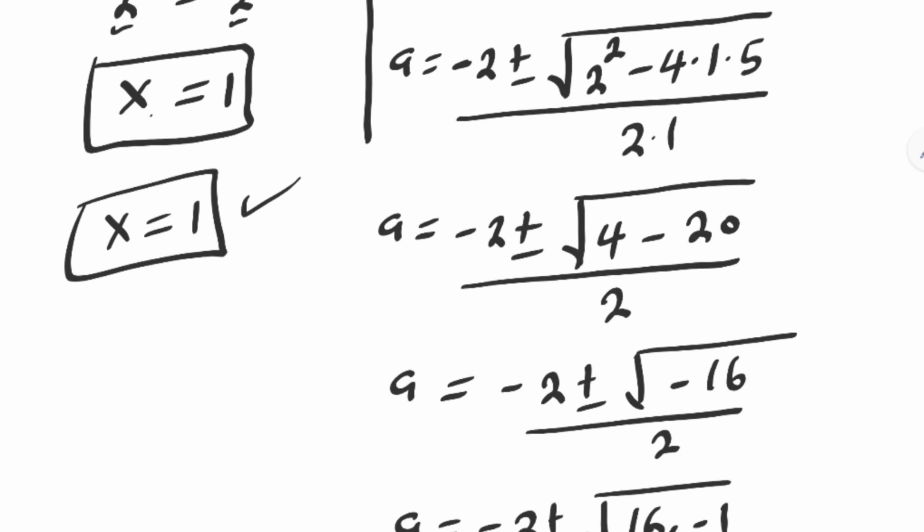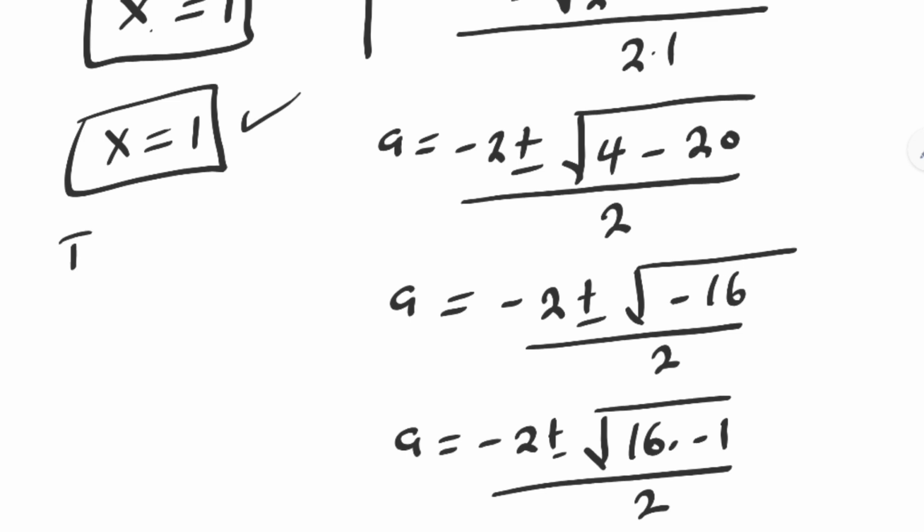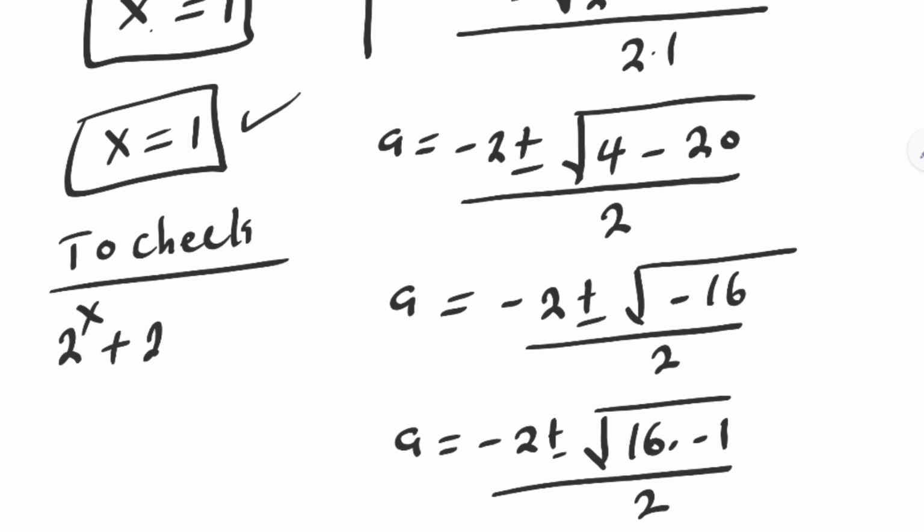We can check to confirm if our answer is right or wrong. Let's check. We have the given equation 2 raised to power x plus 2 raised to power 3 to the power of x is equal to 10.